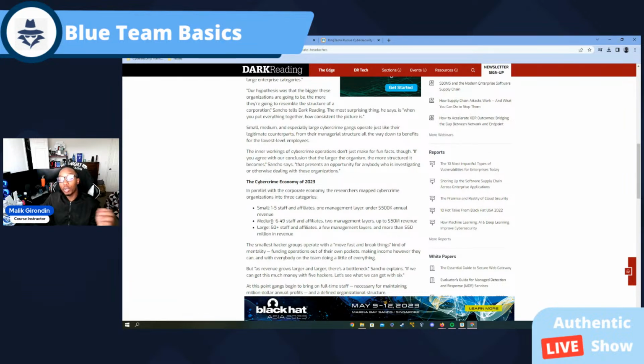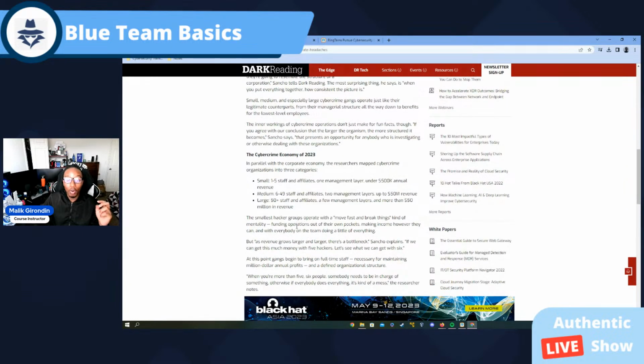Medium: 6 to 50 staff and affiliates, 2 management layers, up to $50 million in revenue. Whoa! Large: 51 plus staff and affiliates, a few management layers, and more than $50 million in revenue. Whoa! It's getting big out here.